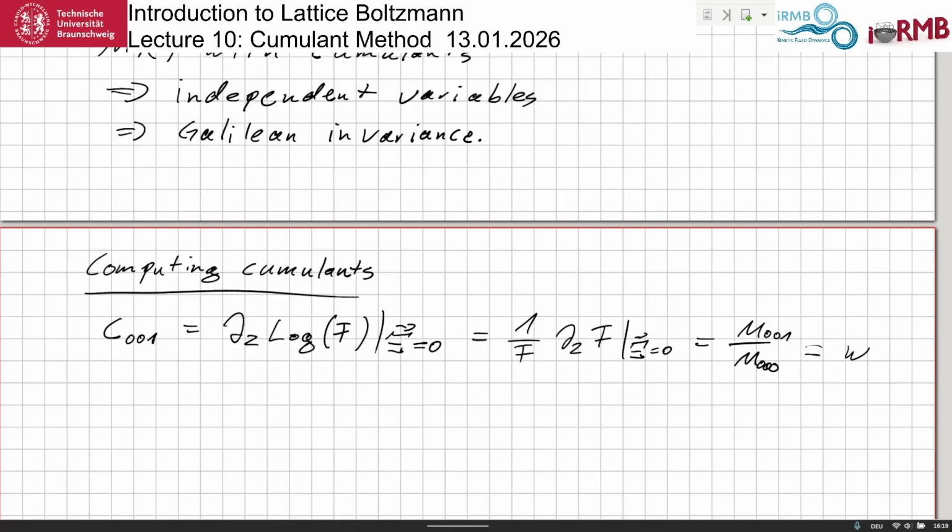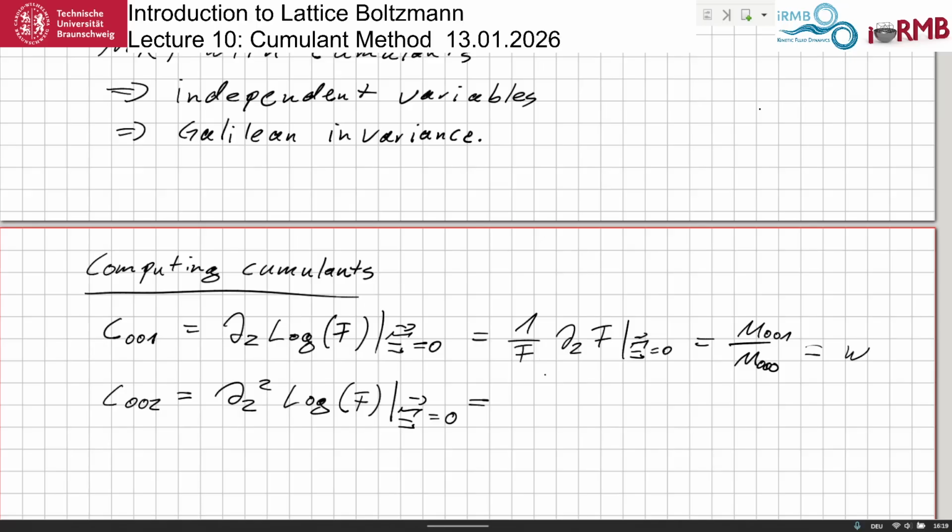Now something else. C002, the second derivative of the logarithm of f at xi equal to 0. What we are going to do is take this expression and just take another derivative in z direction.